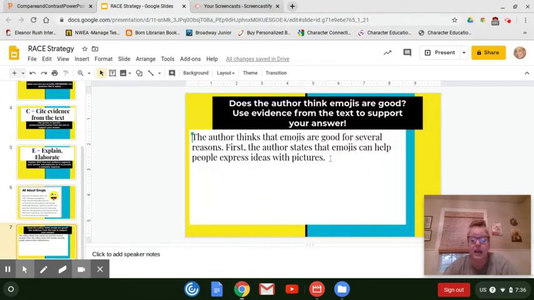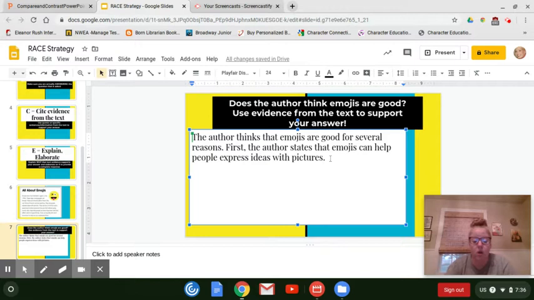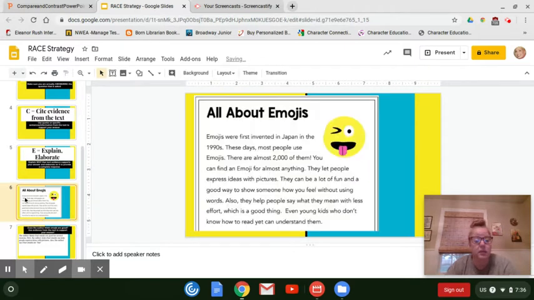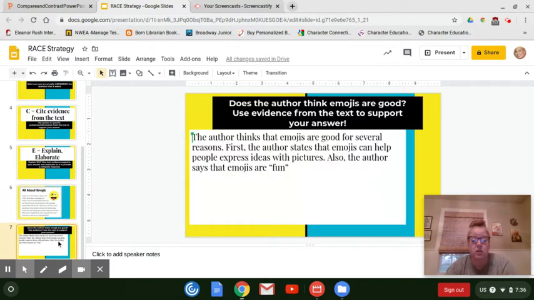So I may say something like this. Also, the author says that emojis are fun. Fun meaning it's a good thing, if that's a positive. And let's see what else. A good way to show someone how you feel without using words.